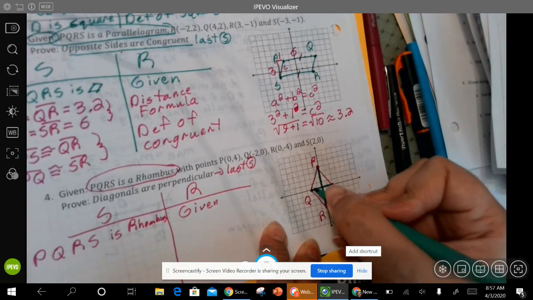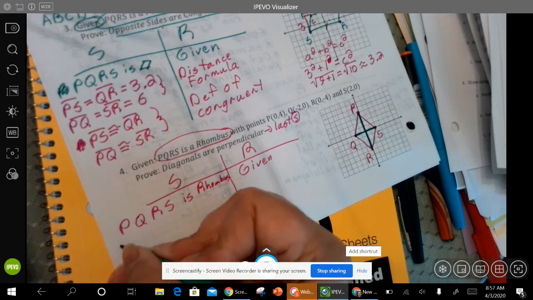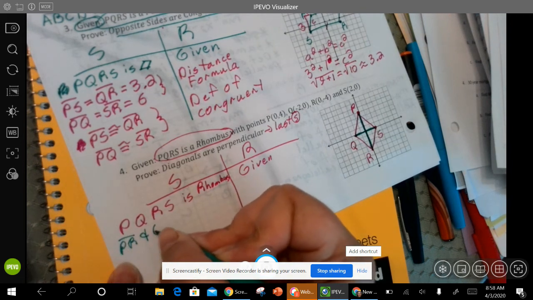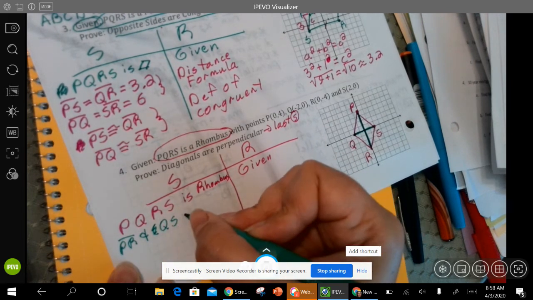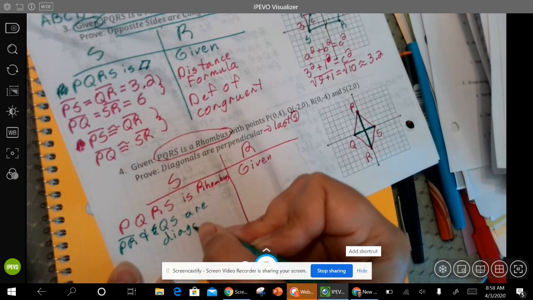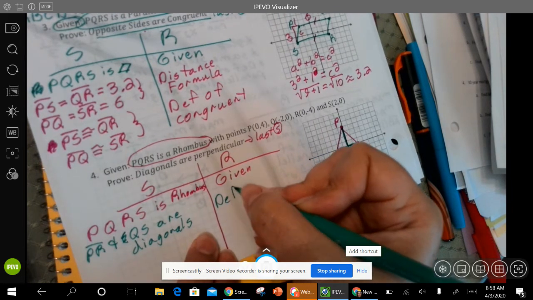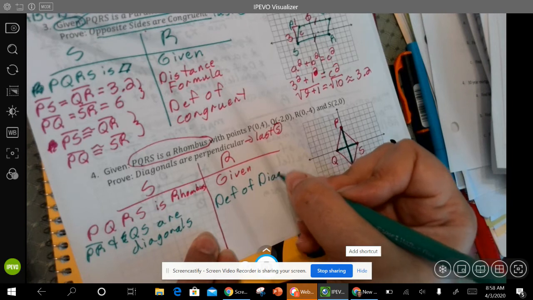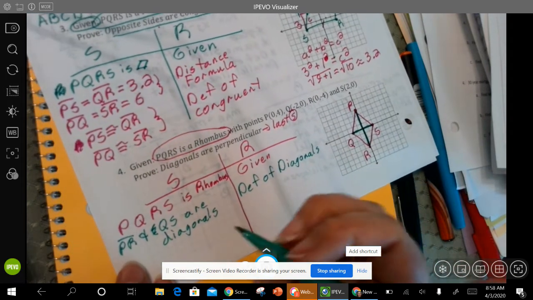PR and QS are diagonals. PR and QS are diagonals, and that's by our definition of diagonals. They go corner to corner, vertex to vertex.